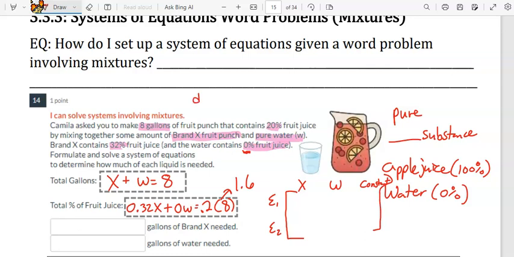From here we're going to go to desmos.com/matrix. To set up the matrix, you only put the coefficients inside the matrix box. So there's 1x, 1w, and 8 constants in the first equation, and 0.32x, 0w, and 1.6 constants in the second equation.